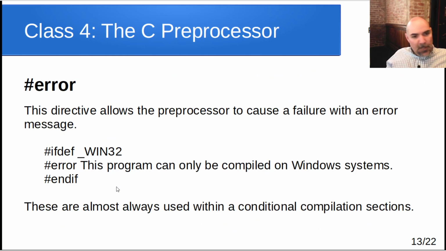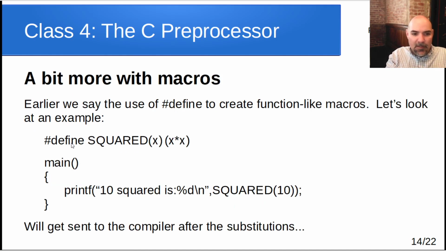There's also this directive #error. It's a preprocessor directive, and all that does is if it encounters that, it'll basically stop the compilation, and it'll put that error into the error log or the error output of the compiler. So you could say, hey, if it's defined WIN32, then this program can only be compiled in one. That should be #ifndef there. Here, I'm going to fix that very quickly.